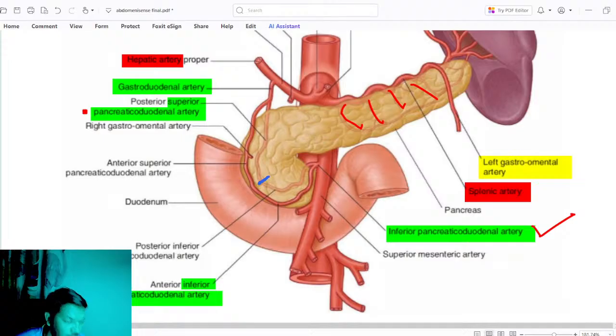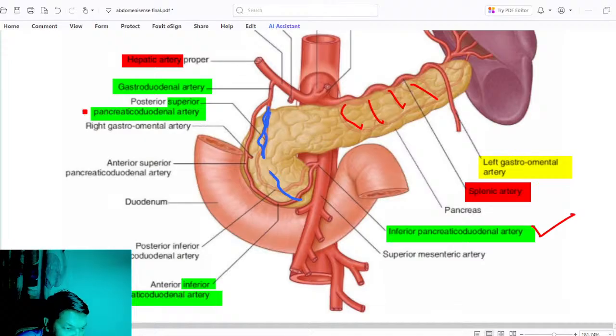Before we said it as a gross, but now it is more specific. Before we said superior pancreaticoduodenal artery and inferior pancreaticoduodenal artery. But now superior also has one branch anterior, one branch posterior. Posterior remains as posterior, no doubt.